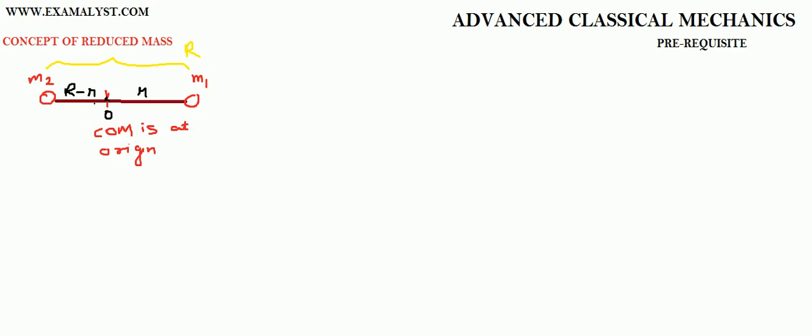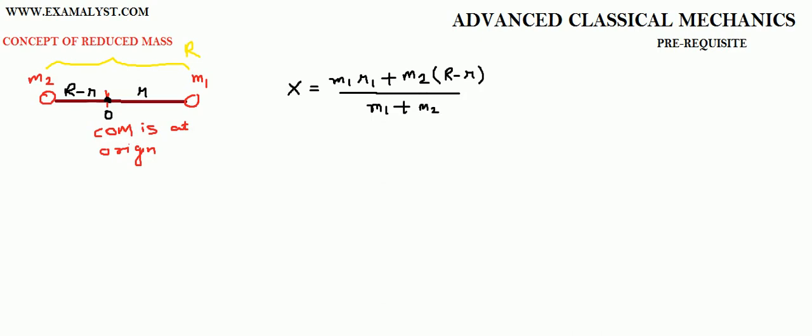Now we know the radius vector with respect to origin for m1 and m2. So how to calculate center of mass? We multiply mass m1 with r and multiply mass m2 with its own distance from origin, that is R minus r, divided by m1 plus m2.